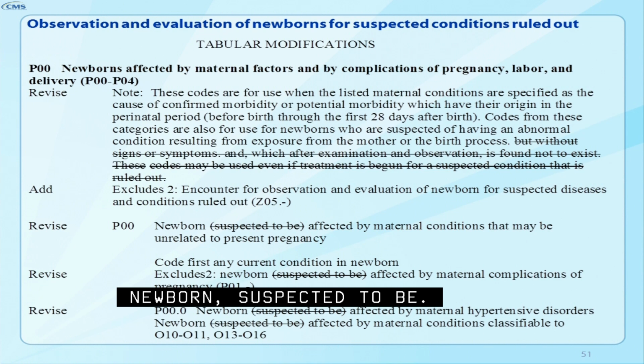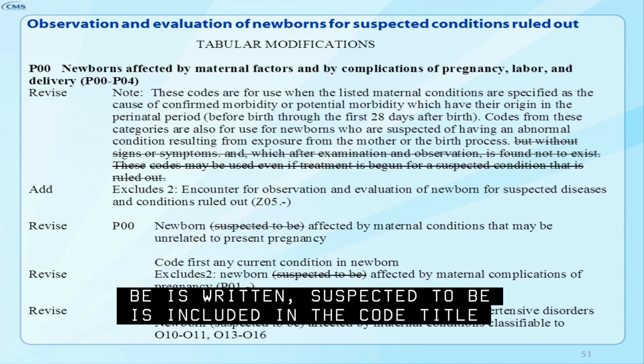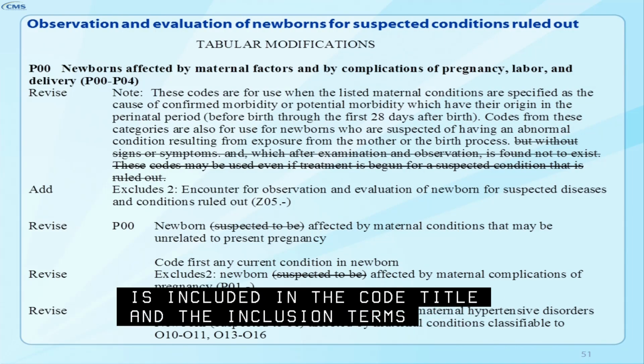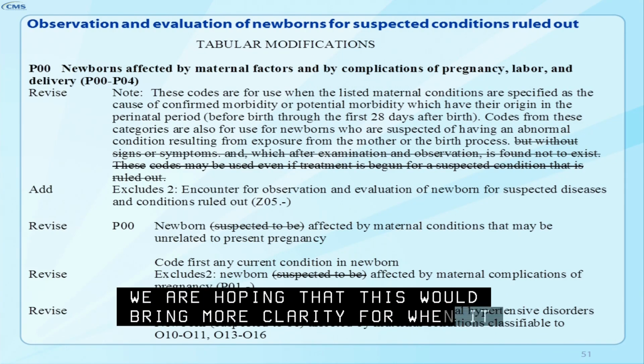So anywhere where suspected to be is included as a code title, an inclusion term, or a non-essential modifier, we're proposing that we will delete this. We're hoping that this will bring more clarity to when these codes can and cannot be used at the P00 to P04.